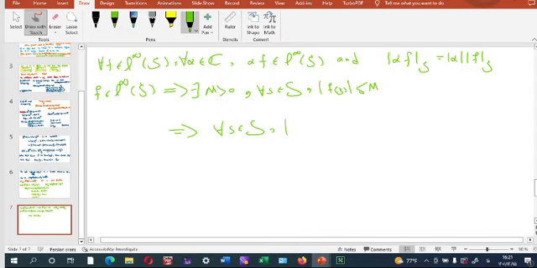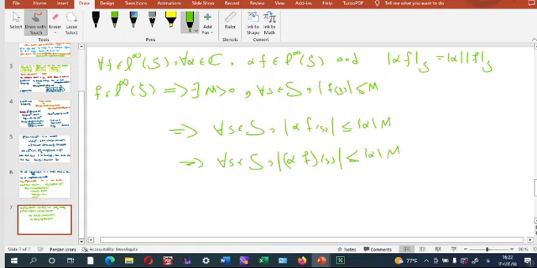The absolute value of alpha f of s is less than or equal to absolute value of alpha times M, and this shows that alpha f is an element of L infinity.